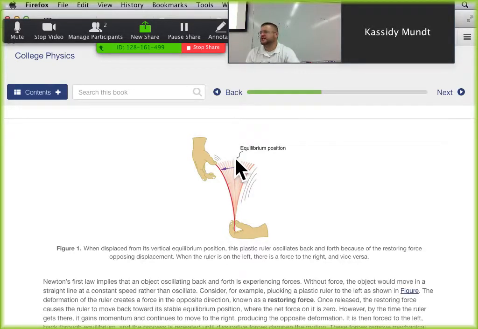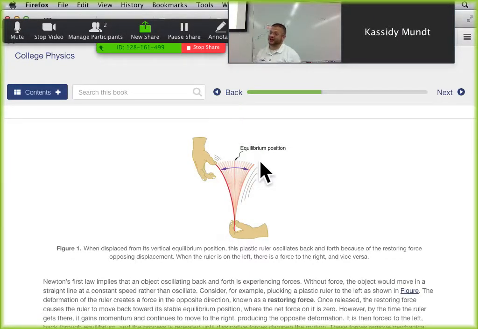Now, is there acceleration in this ruler as it's going back and forth? How do we know? First, because it turns. For something to turn, it has to accelerate. So it goes from going to the left, then it ends up going to the right. Somewhere between going to the left and turning around going to the right, it had to accelerate, right?